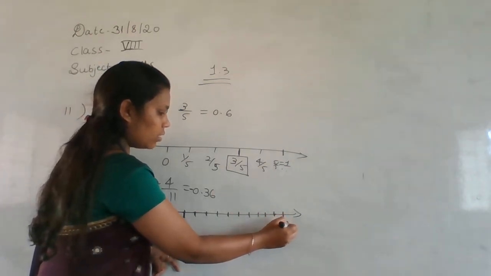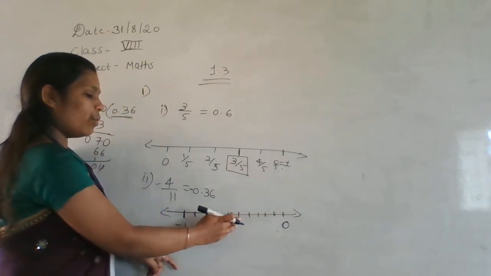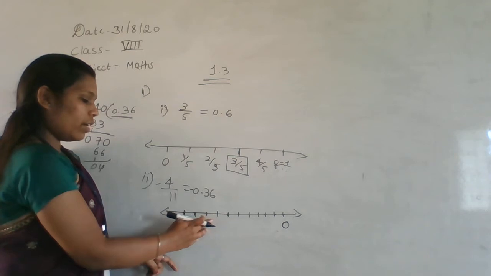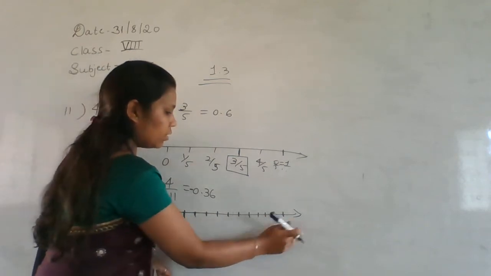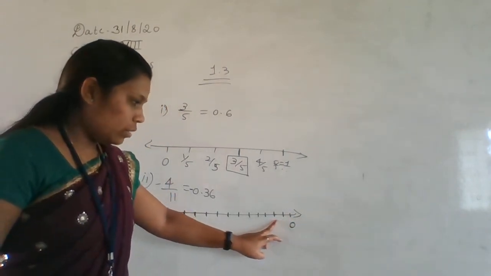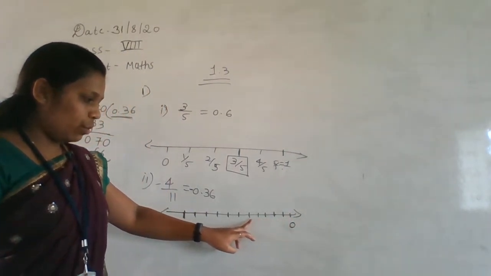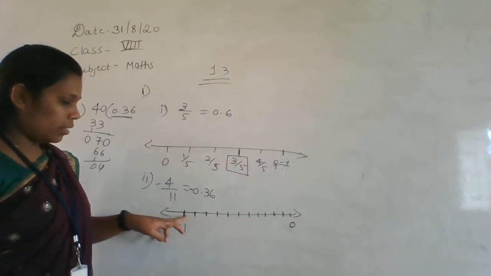Okay. 1, 2, 3, 4, 5, 6, 7, 8, 9, 10. Only 10, right? So take 0 here. 1, 2, 3, 4, 5, 6, 7, 8, 9, 10, 11.